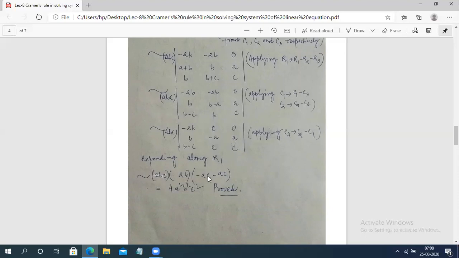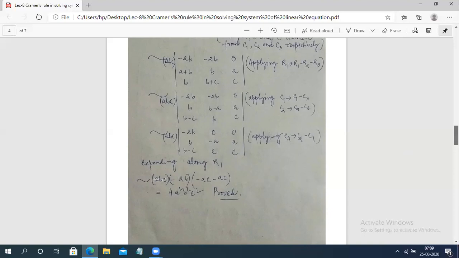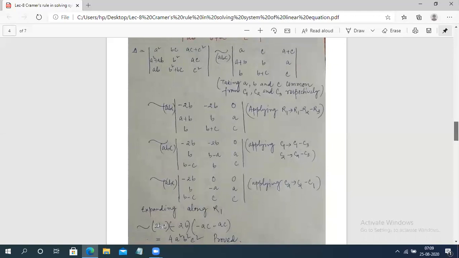So it will be minus of 2ac, and then minus of 2b, multiply this and we will have 4a square b square c square. Is it fine? Now do the rest of the problems by yourself. Try it and please inform me whether you can do it or not.